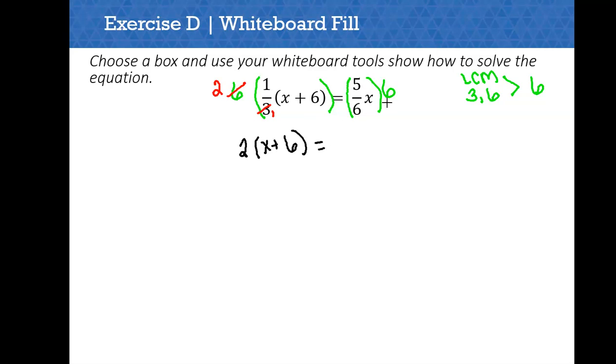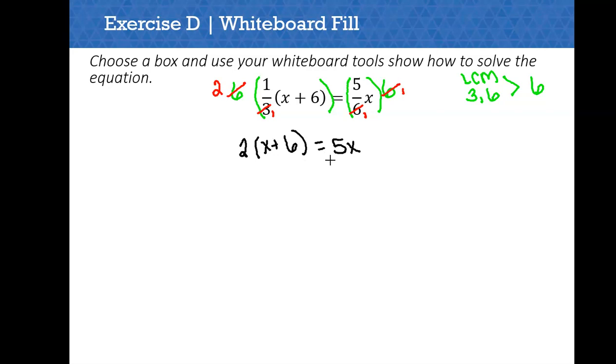Now equals, on the other side, I have my 6 there in the denominator and my 6 that went here in the numerator. So those are just gone. And now what I'm left with is 5x. So I now have made my fractions go away, and I've done that using the LCM.